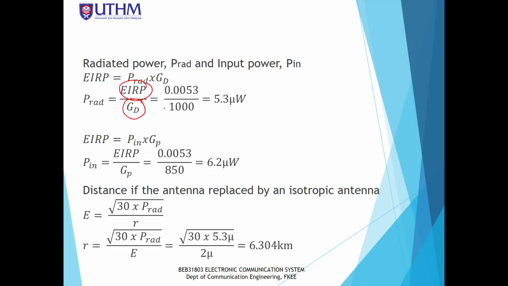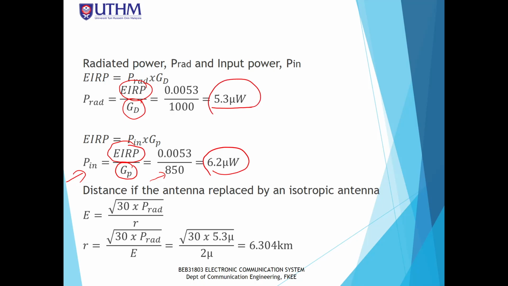We divide with 1000, so this becomes 5.3 microwatt. Then we can find the input power based on the previously obtained EIRP value divided with the previously obtained power gain. Kita telah dapat dalam soalan yang pertama. So 0.0053 divided with 850, we get 6.2 microwatt.